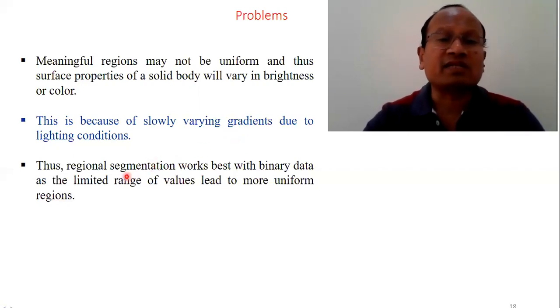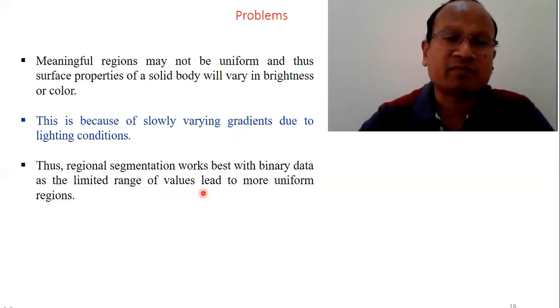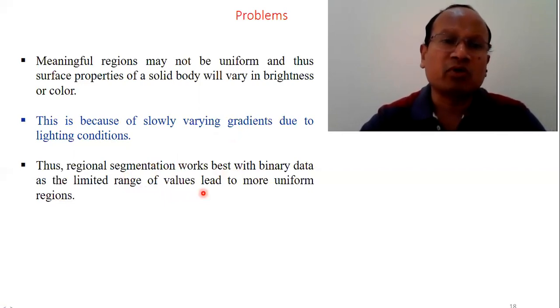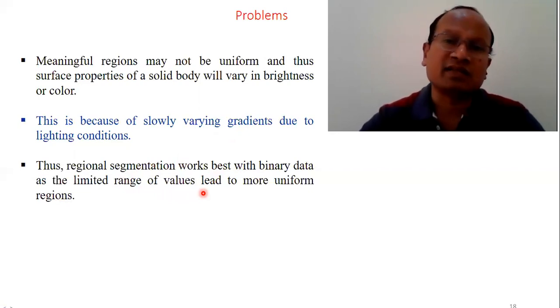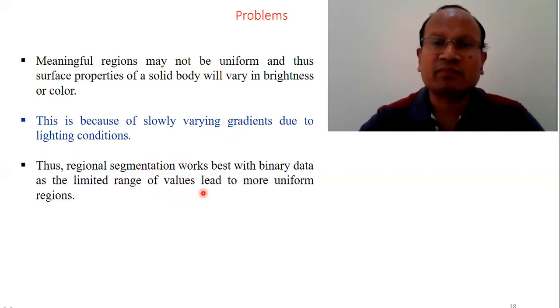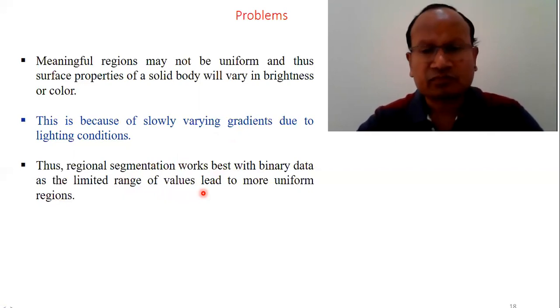Therefore, regional segmentation works best with binary data, as the limited range of values leads to more uniform regions. If slowly varying intensity values or distribution is there, then there will be difficulty in finding more and more regions.